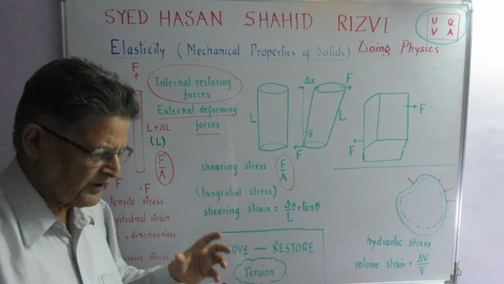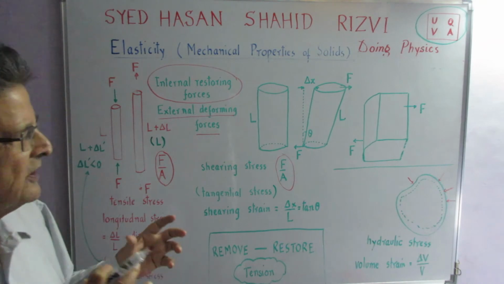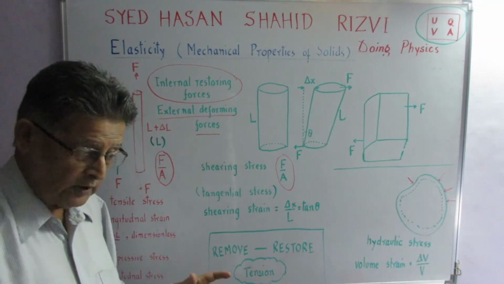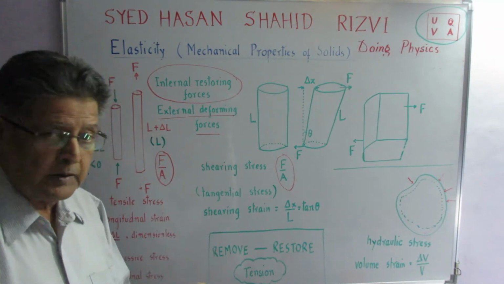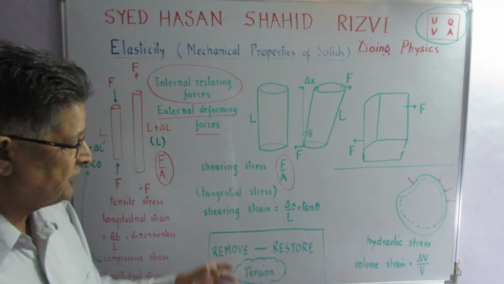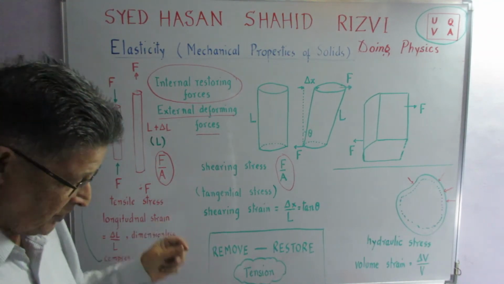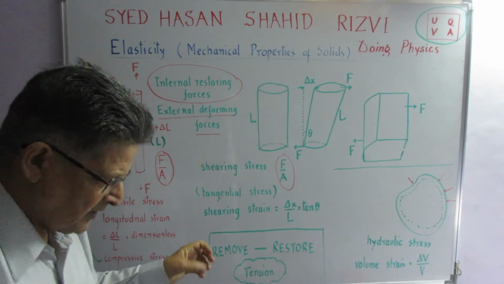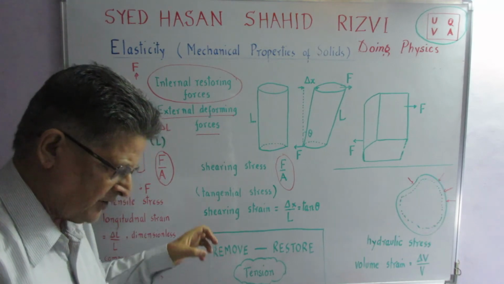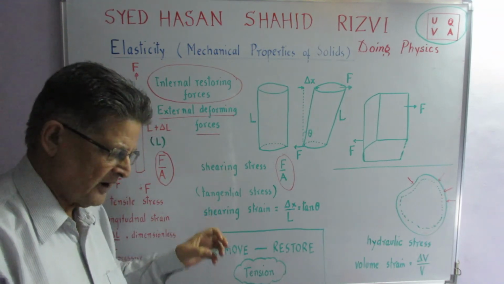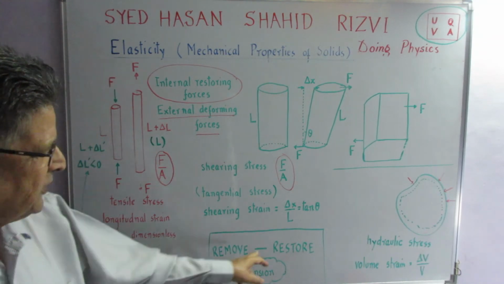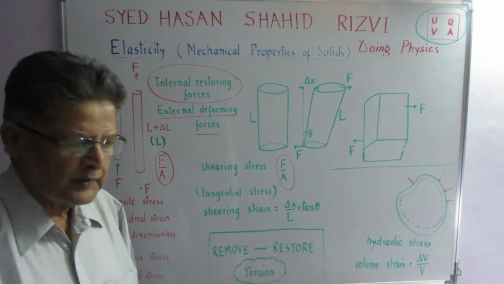That means because of the restoring forces within the body, from molecule to molecule, from neighbor to neighbor, there are disturbances, and like in a motor, if you take it apart, the set of restoring forces will try to bring it back, and if you remove the forces, we restore that.